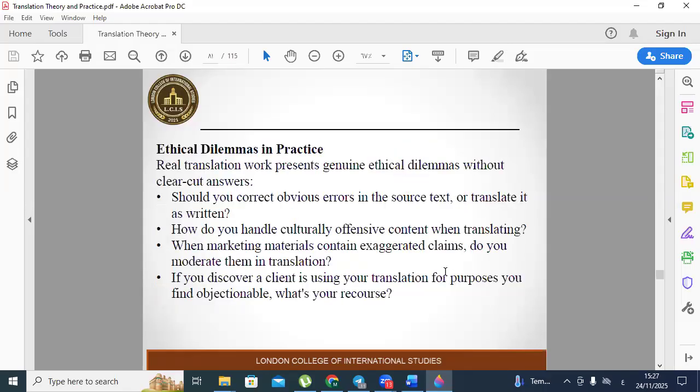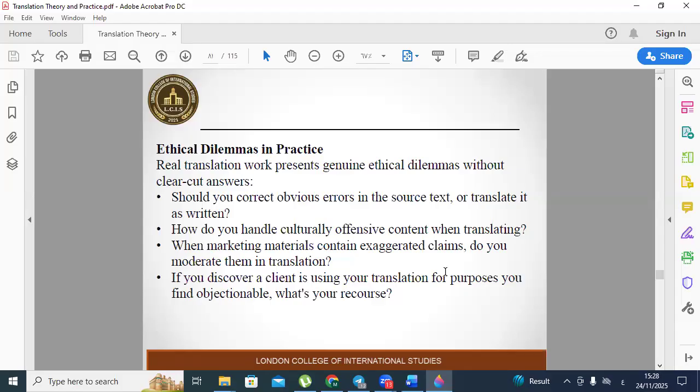Ethical dilemmas in practice. Real translation work presents genuine ethical dilemmas without clear-cut answers. Should you correct obvious errors in the source text or translate it as written? How do you handle culturally offensive content when translating? When marketing materials contain exaggerated claims, do you moderate them in translation?